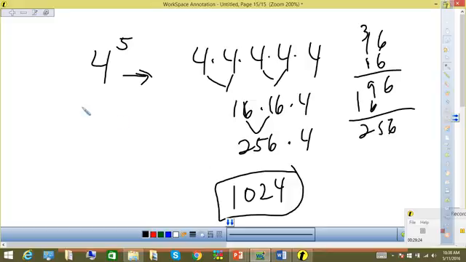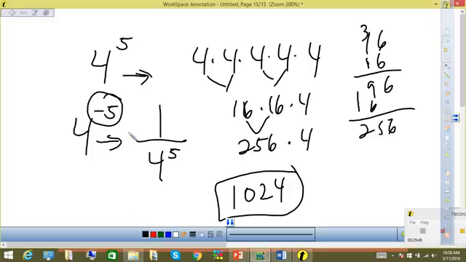However, look at what happens when the exponent is a negative. We no longer just write it like this. Do you remember that in order to get rid of the negative exponent, we need to send it to the what? To the denominator. Remember that? Yes.